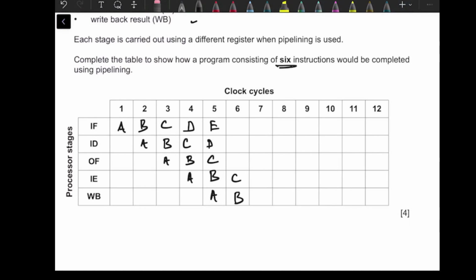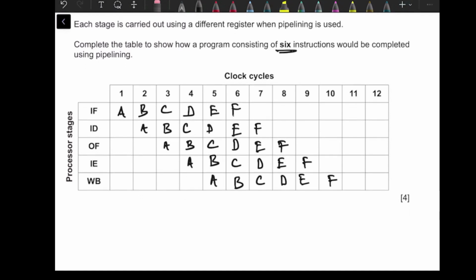So C will come over here, and D will come over here, E will come over here, F will come over here, and in the same way. So now the C will come over here, D, E, F, and then when D will come over here, E will come over here, F here, and then E, F, and then F. This is how the 6 instructions are executed on each clock cycle with the help of the pipelining.